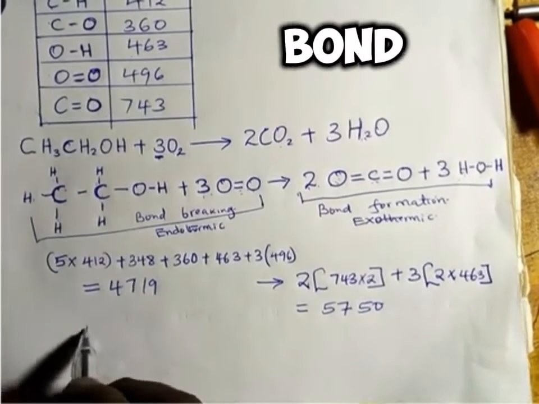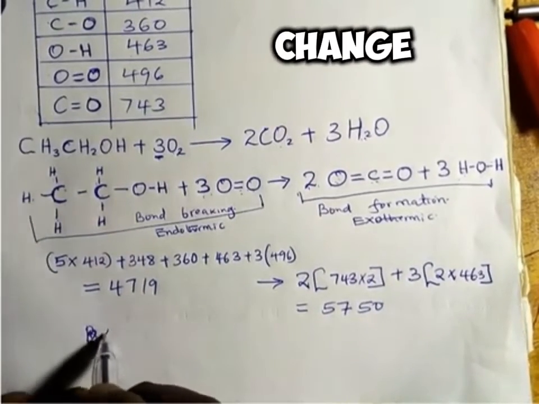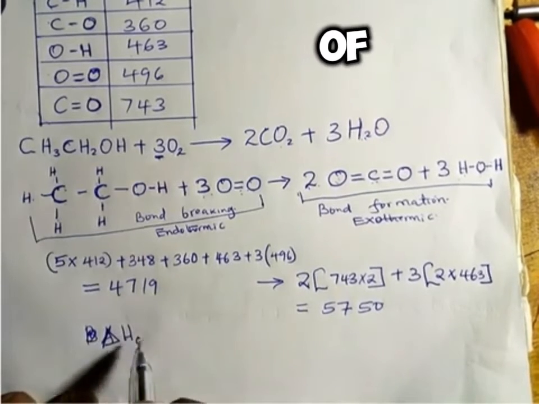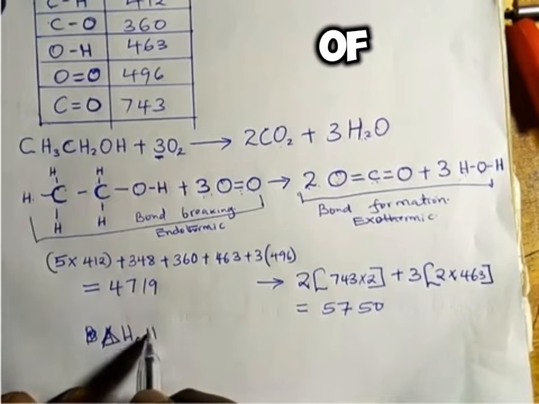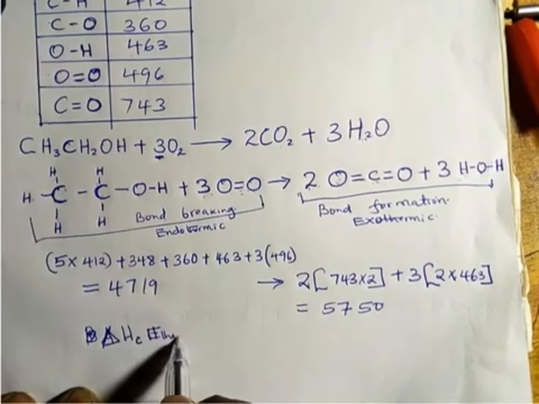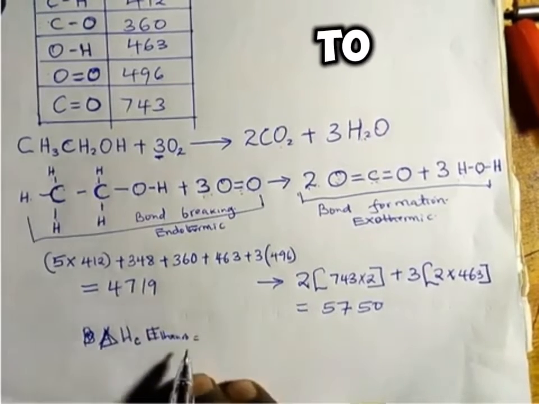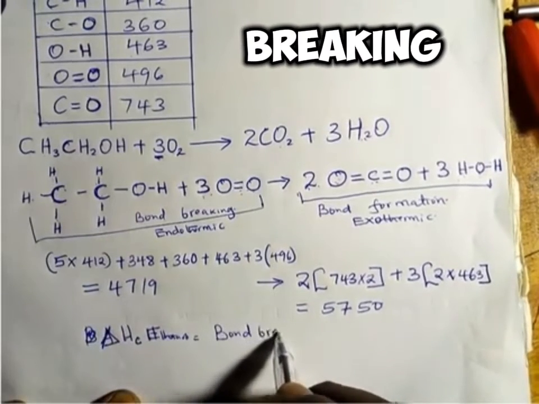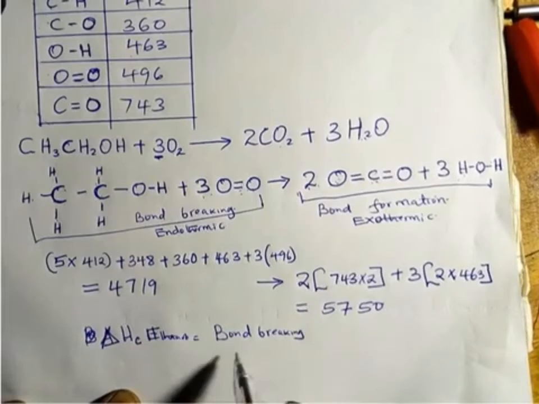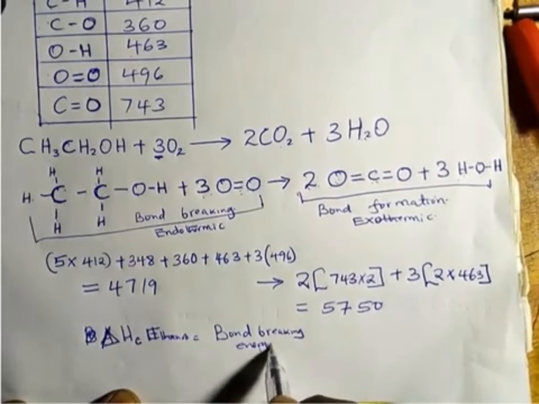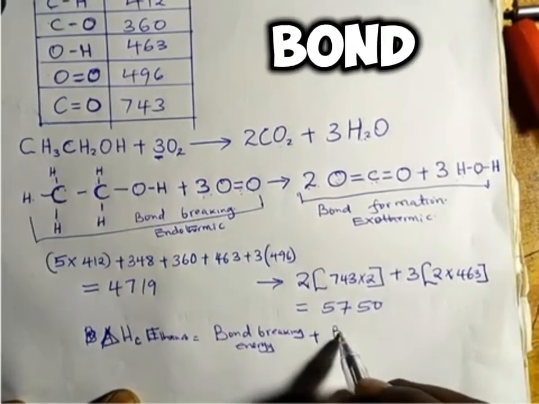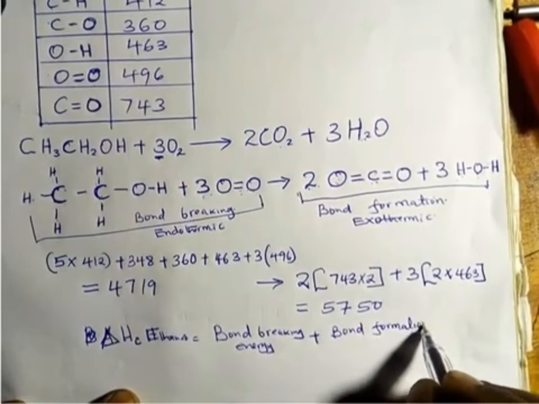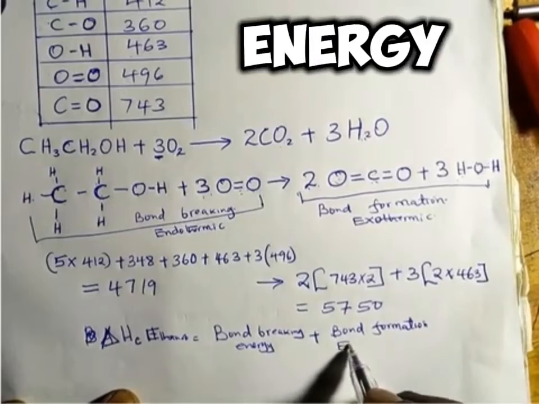So we know that the enthalpy change of combustion of ethanol is equal to bond breaking energy plus bond formation energy.